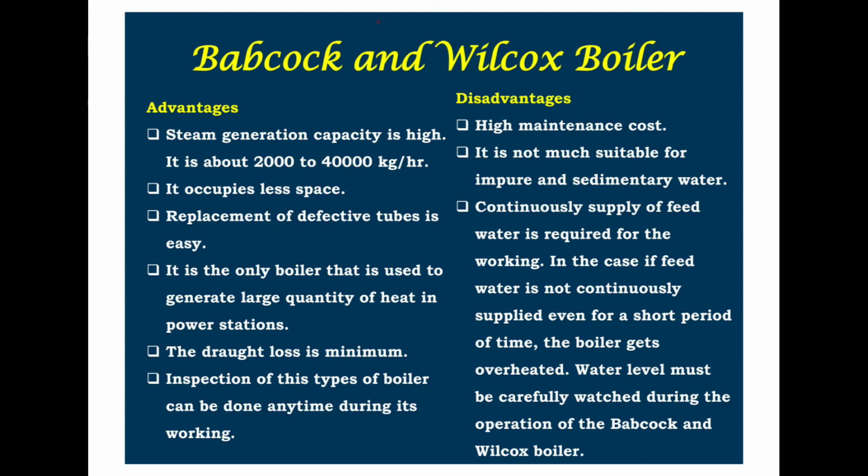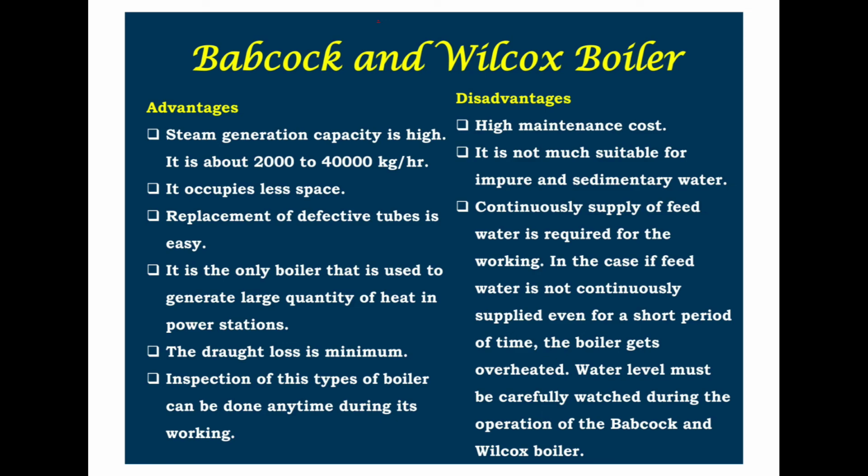And also the Babcock and Wilcox boiler has some advantages and disadvantages, and we can see the advantages first. The steam generation capacity is high. It is about 2000 to 40,000 kg per hour.